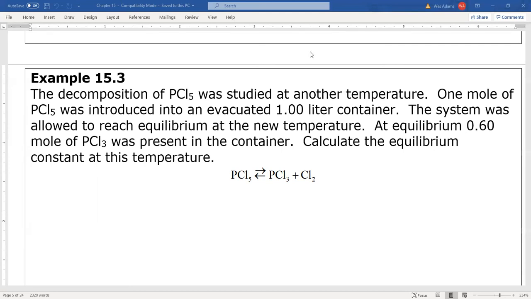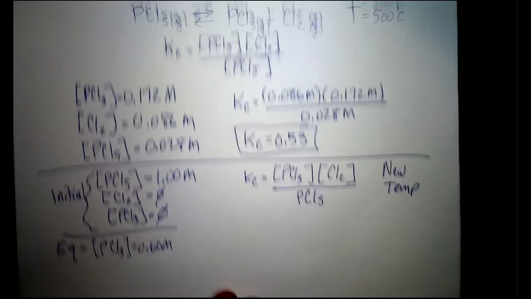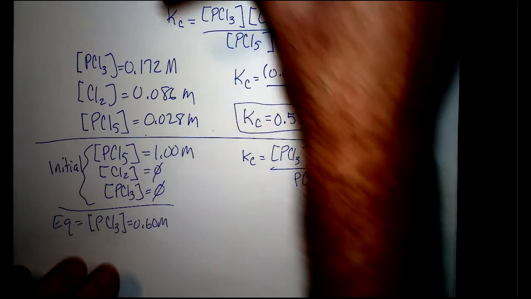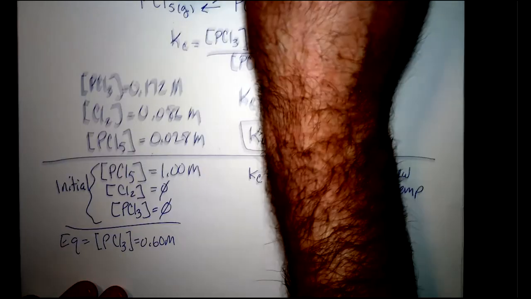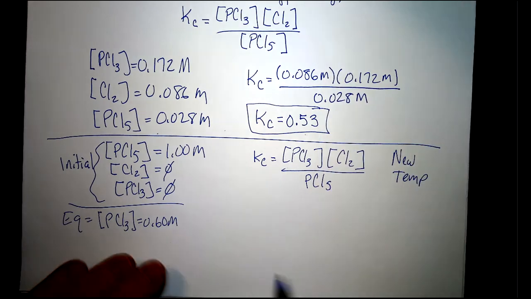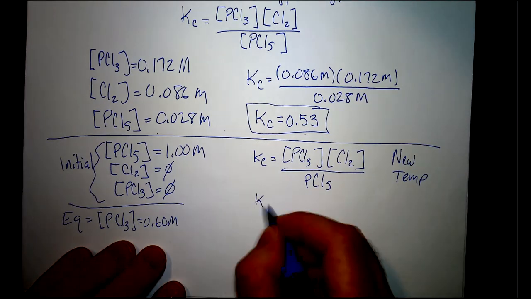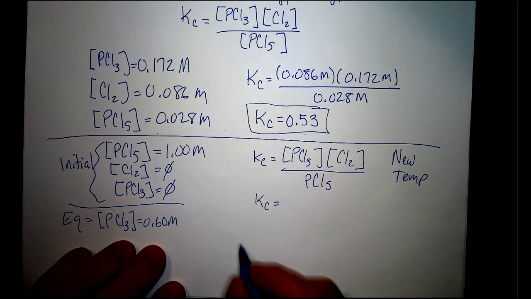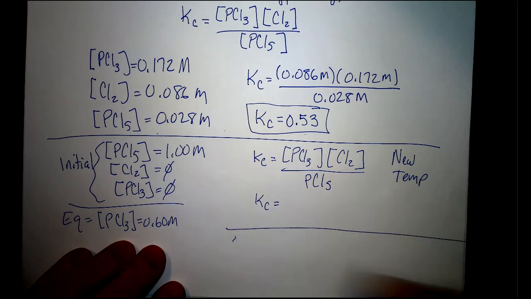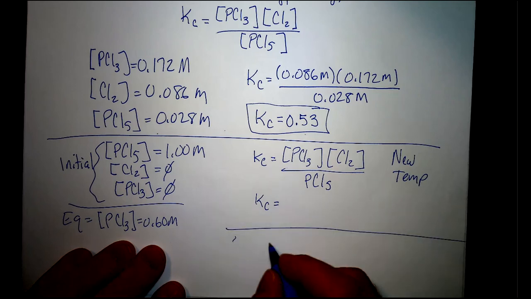Now that'll take a little bit of figuring, and we'll introduce a concept called the ice table. Leave enough room there to plug in my answer, but beneath that, I'm going to create an ice table.